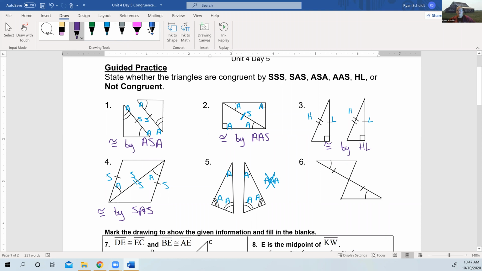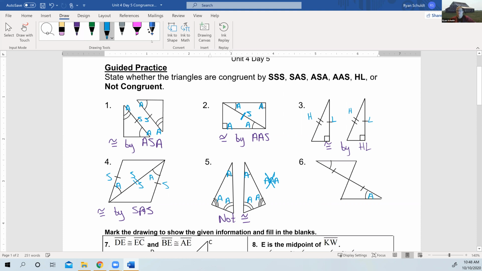In our case, AAA will not be there to pick you up. So AAA ain't gonna pick you up. So these are not congruent.